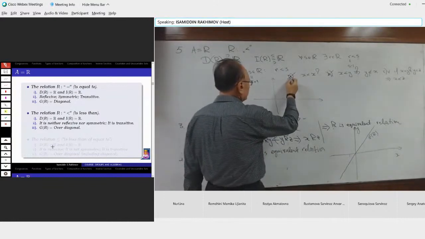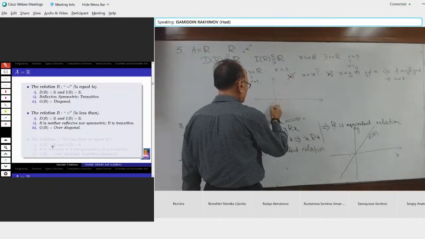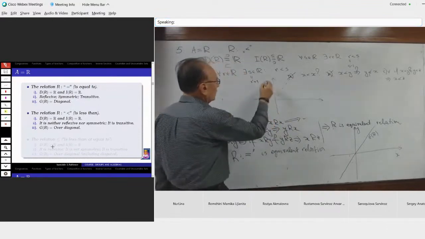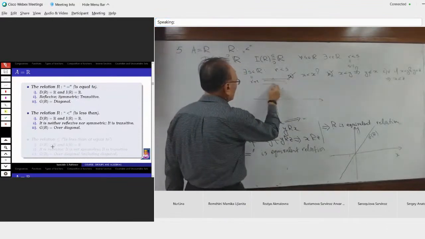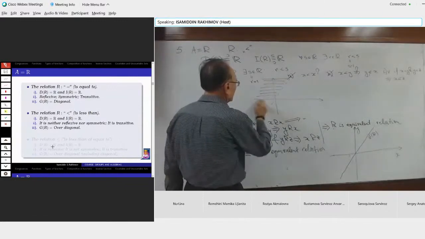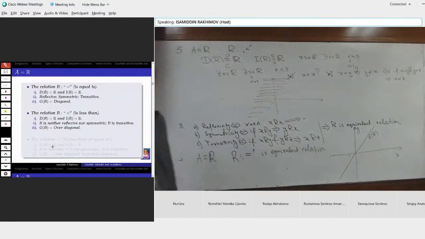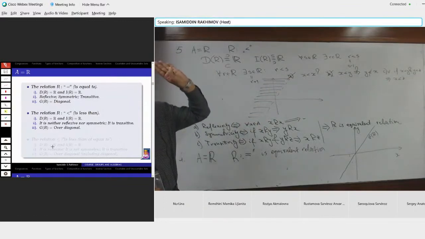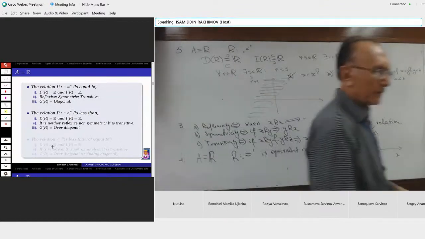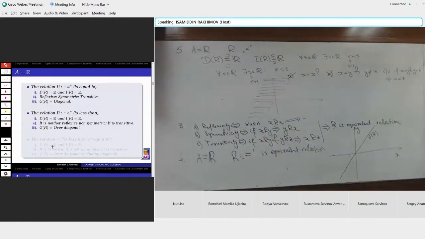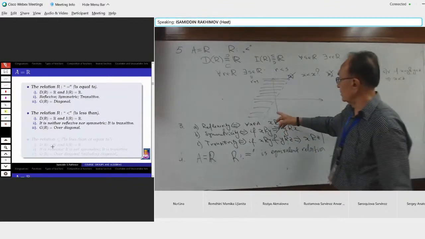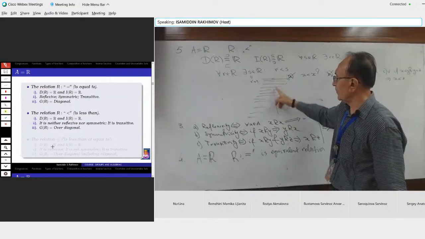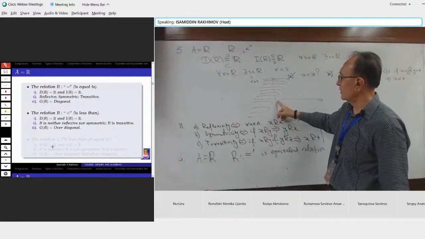I have the diagonal, and all points over this diagonal, not including the diagonal, are the graph of R. Without the diagonal, all points over that diagonal are the graph of this relation, because for all points over that diagonal, we can find an x such that the point is more than x.